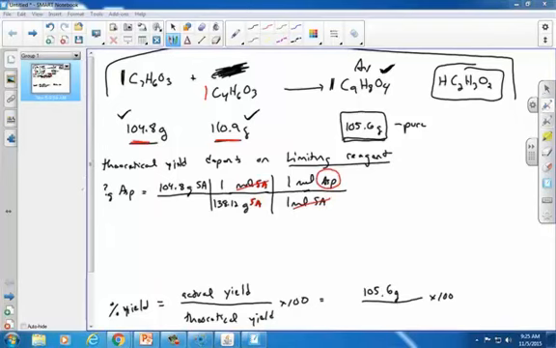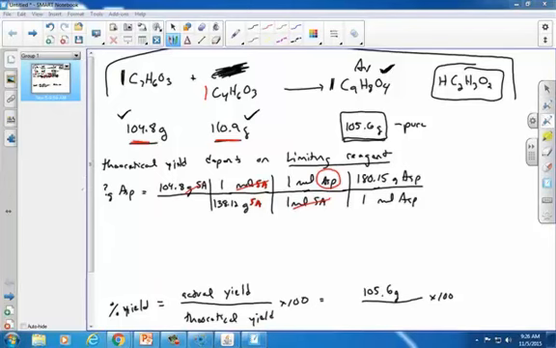Then if I want grams, I would cancel the moles of aspirin and get grams of aspirin, and that is the molar mass. So for aspirin, that has 9 carbons, so 9 times 12.01, plus 8 hydrogens, plus 4 oxygens, gives me 180.15 grams per mole.